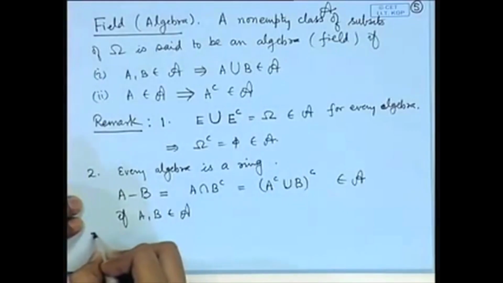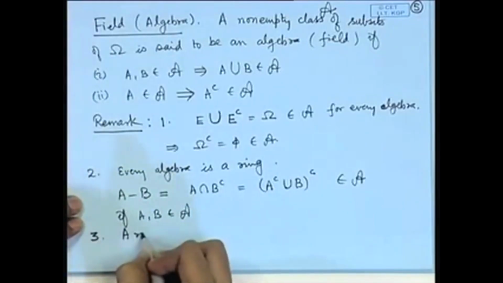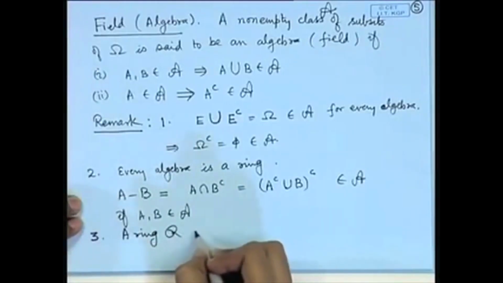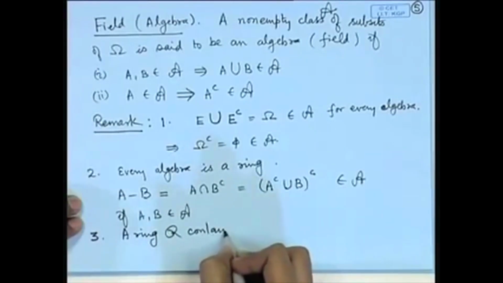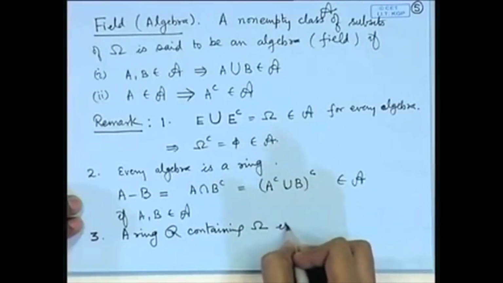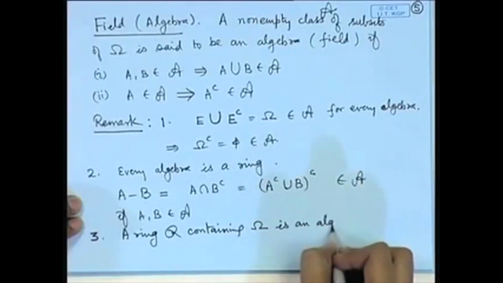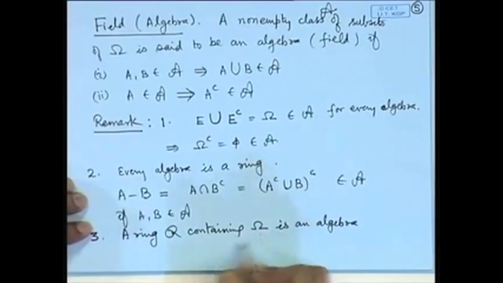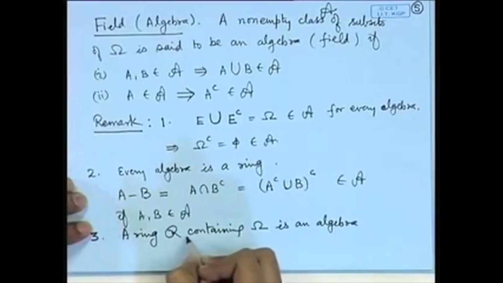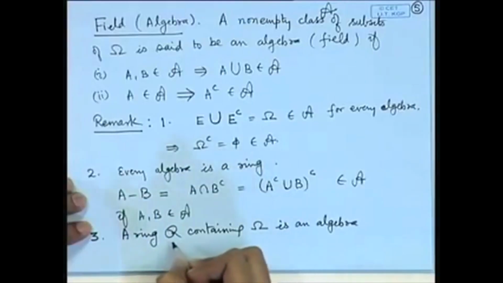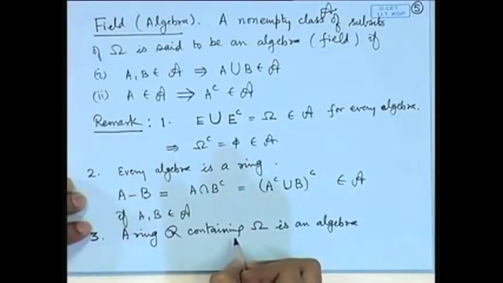Alternatively, we can look at it this way: if I consider a ring and I include the set omega here, then this becomes an algebra, because if I have put omega there, then for any given set its complementation can be obtained by taking omega minus that given set, and therefore the ring will automatically become an algebra.